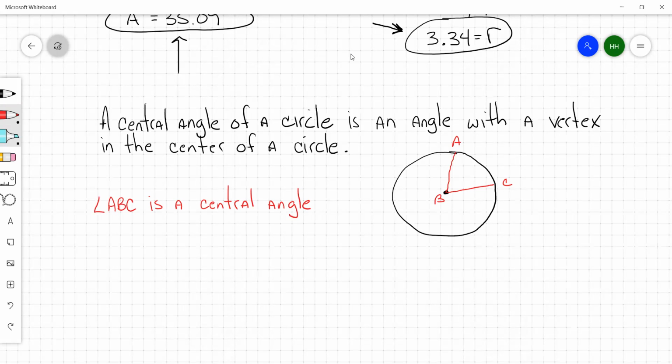Angle ABC is a central angle. It's an angle with a vertex in the center of the circle. All right? Real important.